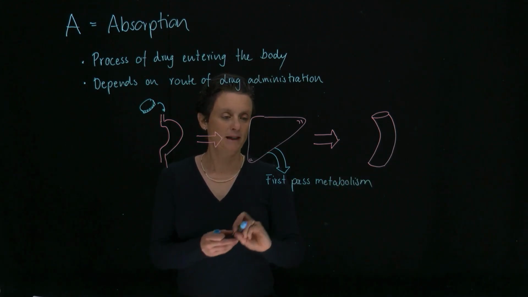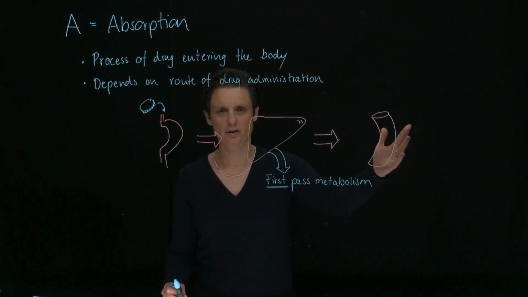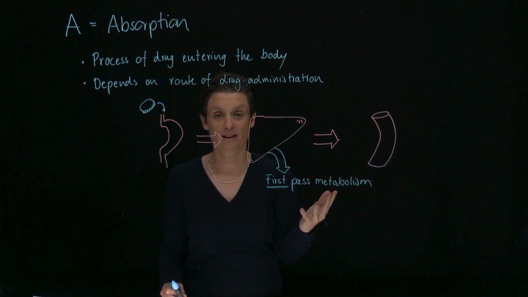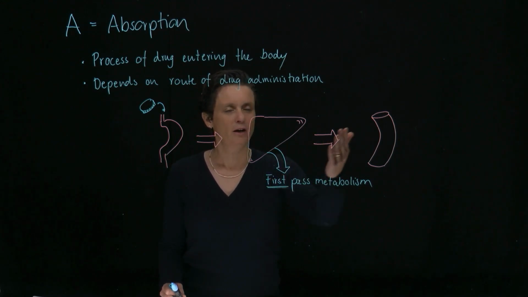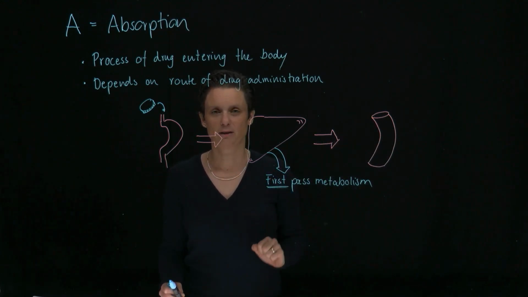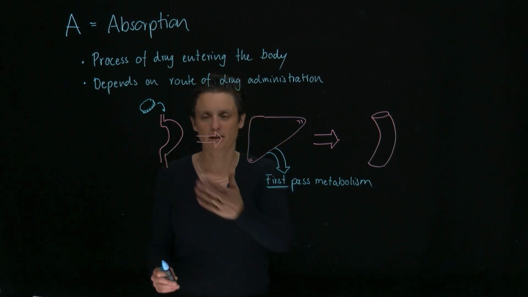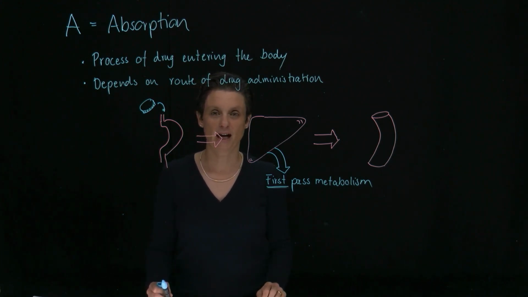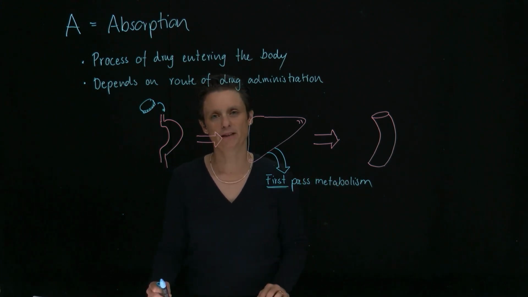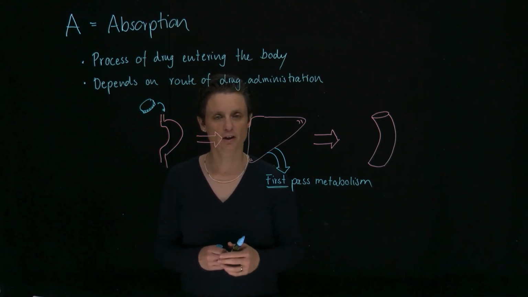And so what that means is that in the first pass, even before getting into the circulation, there can be already some drug metabolized and excreted before even reaching the circulation. And the liver is mainly responsible for that. But that could also happen already in the enterocytes from the GI tract. So first pass metabolism is an important factor to consider if you give drugs orally.